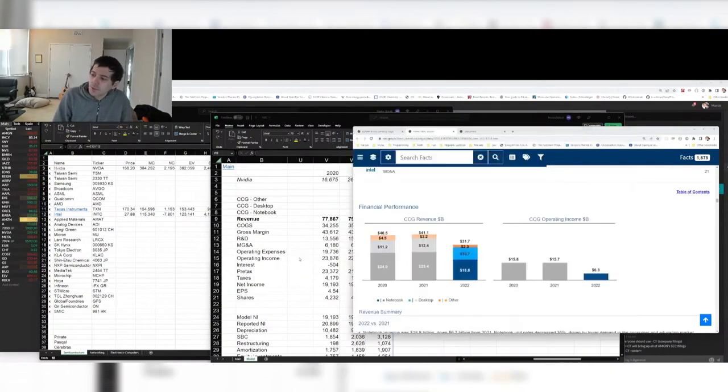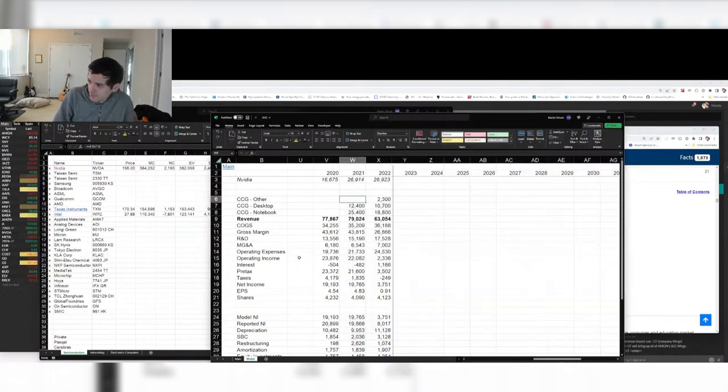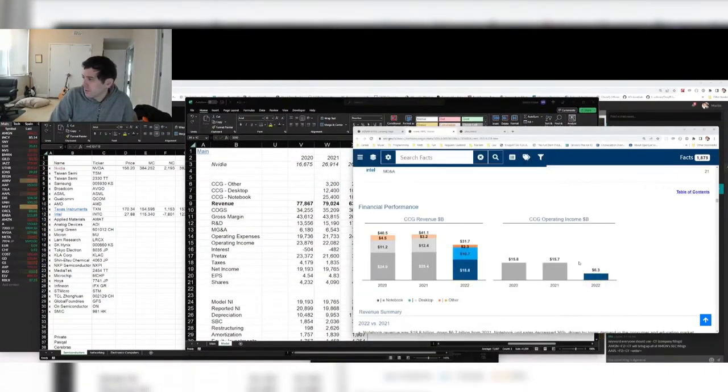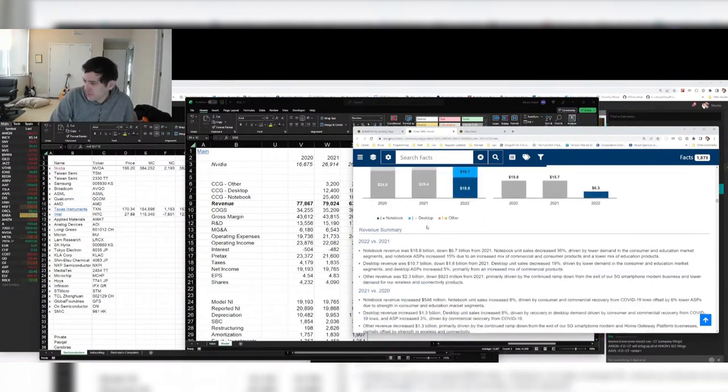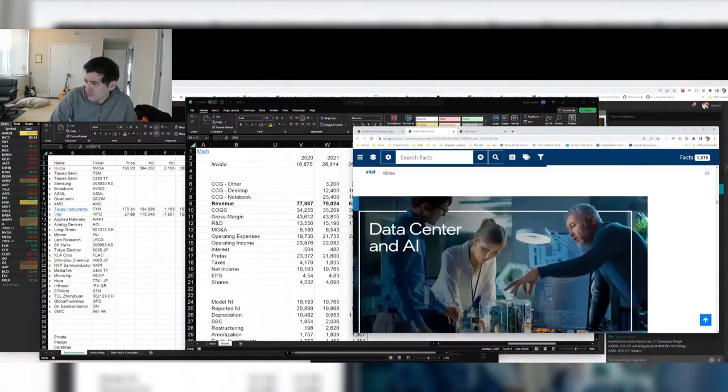That's half the company, roughly, is client computing, so that's not servers, that's just PCs for people. About half the business, CCG. And then I'm guessing servers are most of the second half.